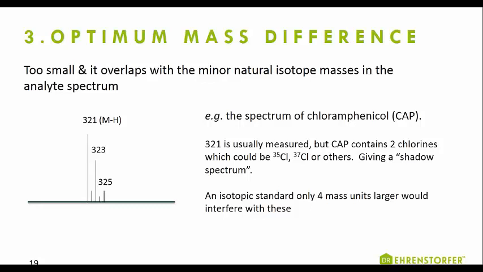So any molecule containing chlorine would actually have two masses, a significant second molecular ion in the mass spectrum at 2 mass units higher than the main one. Chloramphenicol has 2 chlorines, so has a shadow of a shadow, one at 2 mass units higher, then at 2 mass units higher again. So you can imagine that if you made a chloramphenicol isotopic standard with 4 deuteriums, which we call chloramphenicol D4, you could not distinguish it from this shadow of a shadow at mass 325.